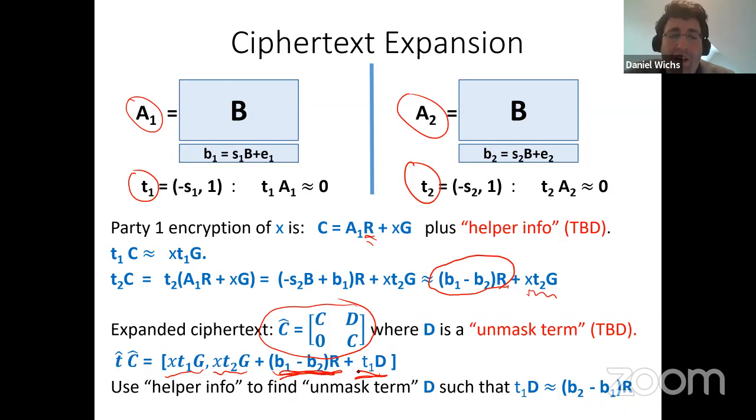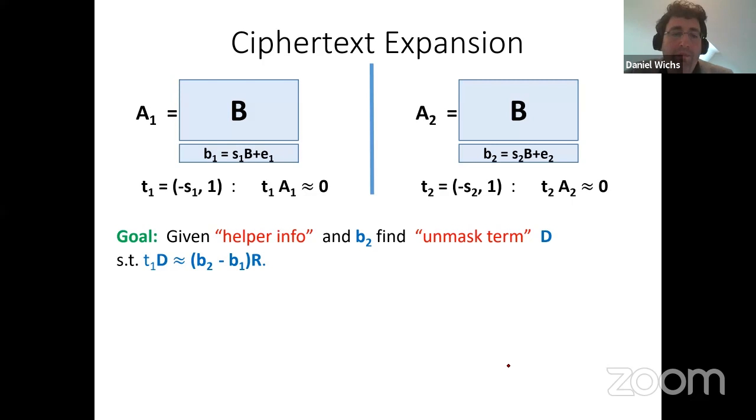Okay, so now, again, what this shows is that in order to be able to use the ciphertext of party 1 and expand it into this expanded ciphertext, my goal is to have party 1 send some additional helper info that would let me compute a matrix D that satisfies this property. So I need to show you how to do that.